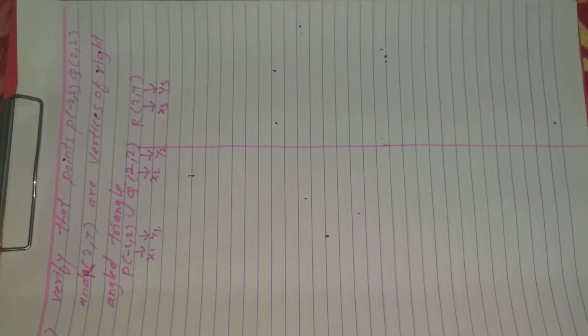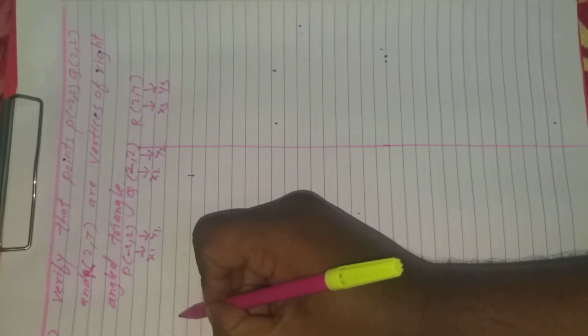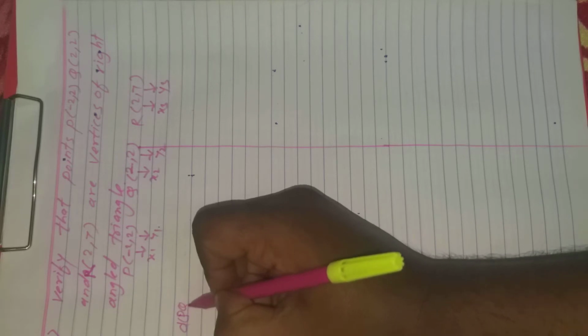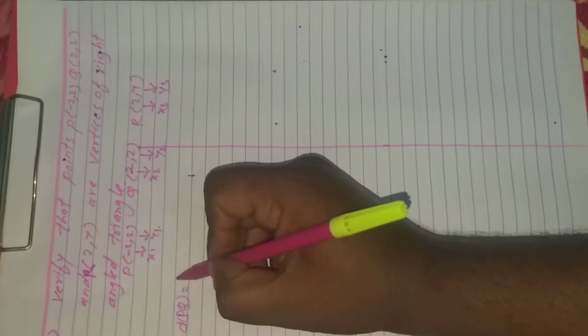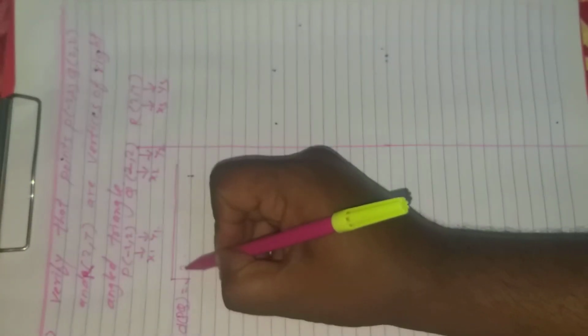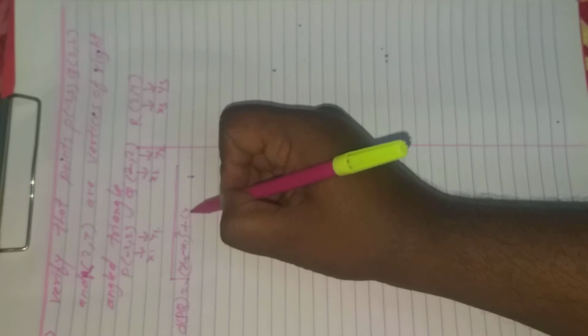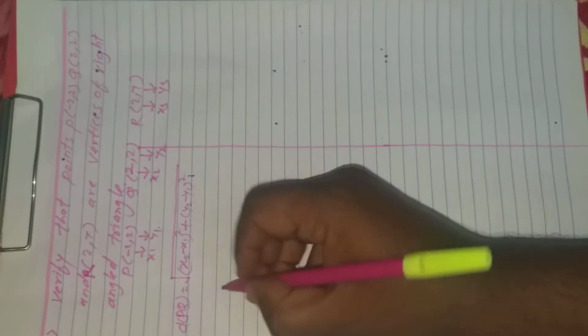All 3 points are given here and we have to show these are the vertices of a right angle triangle. Now we will take any 2 points first, that is, the distance PQ we will find by the distance formula. Now the distance formula we will write like this: square root of (x2 minus x1) whole square plus (y2 minus y1) square.